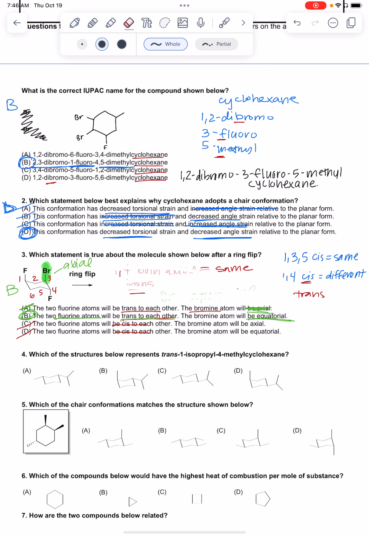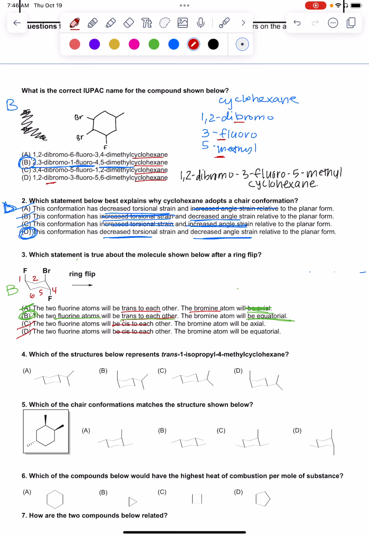Also, you could look at the bromine and the fluorine atom. This is a 3 and a 1 and a 3, and you can say, well, those look like they are 1, 3. They're both axial.